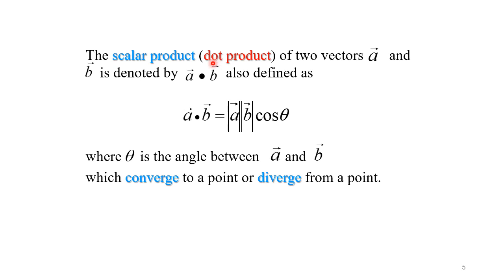There is also another equation that relates the dot product with the angle. The dot product between vector A and vector B is equivalent to the magnitude of vector A times the magnitude of vector B times cos theta.